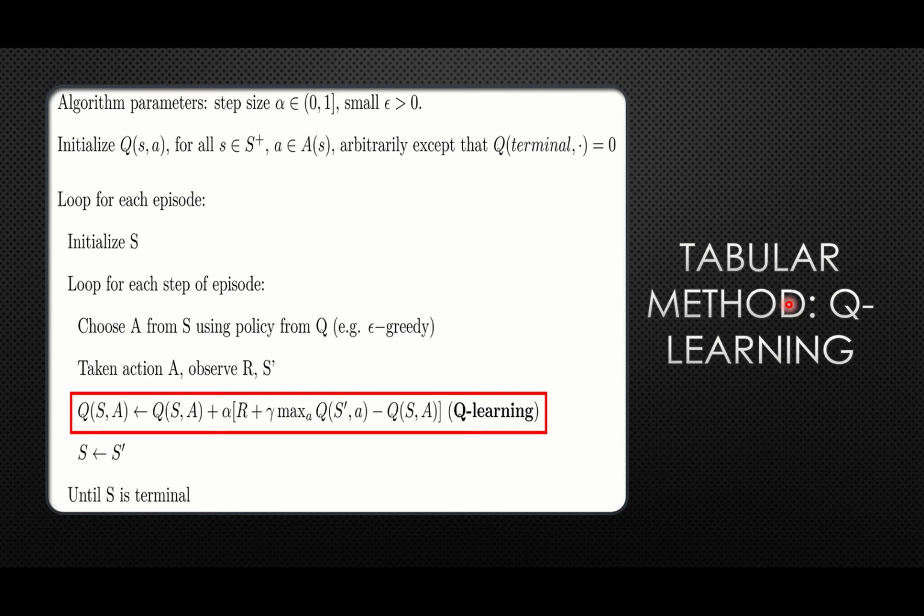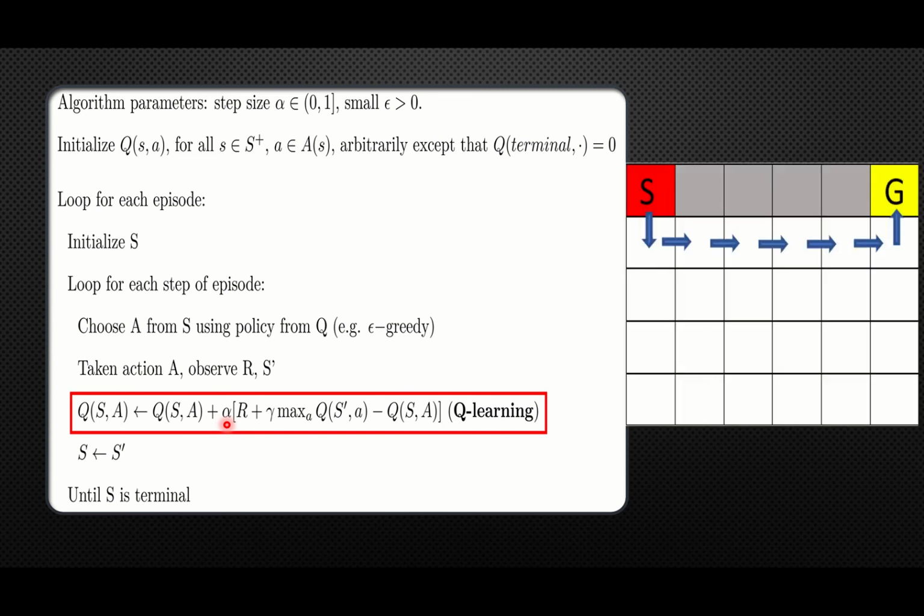In each episode, the agent updates the value at each state given a particular action by adding the immediate reward after the action and the maximum value of the successive state among all actions, and then subtracting the value of the current state itself. Alpha here is the learning rate. The larger the alpha, the more aggressively it learns. And finally, the car will find the best path to G.